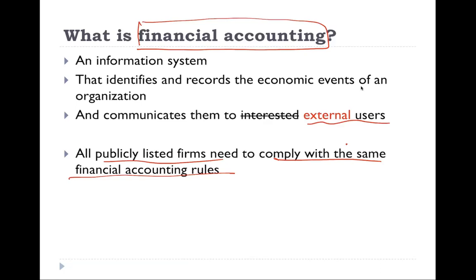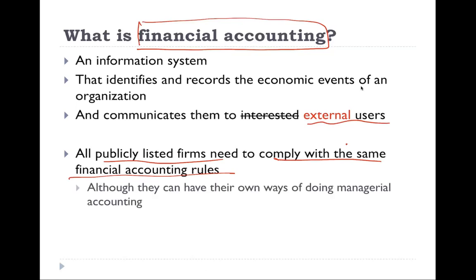For example, Google is using one set of financial accounting rules versus Apple is using another set. You, as the information user, as an investor, look at two firms' financial reports, and if the two firms use different rules to generate those reports, it will be very hard for investors to compare those firms. So that's why all of the publicly listed firms need to comply with the same financial accounting rules.